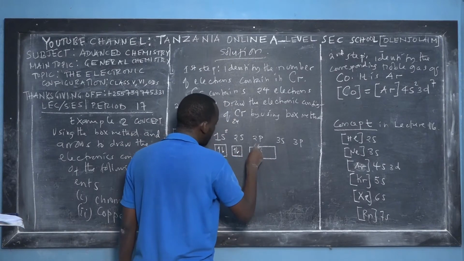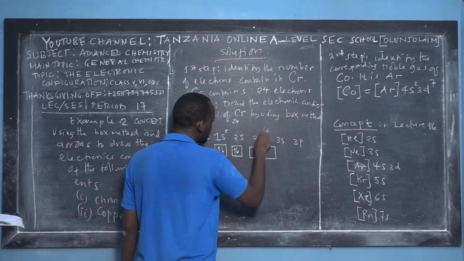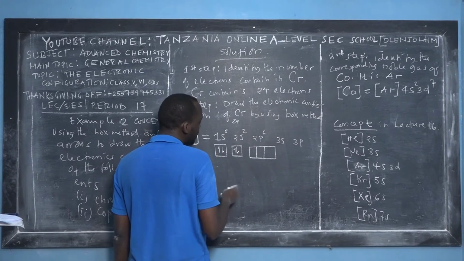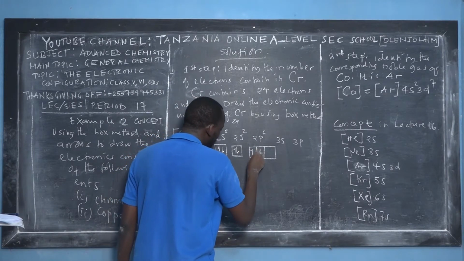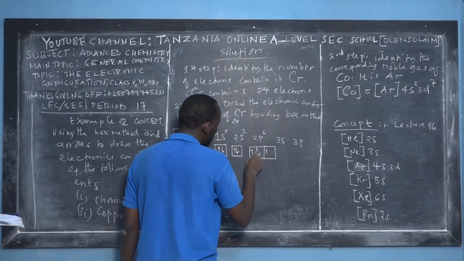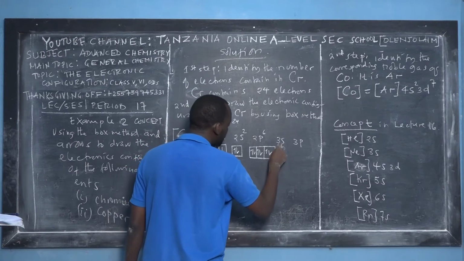Then this contains 6 electrons, and this contains 2 from the noble gas. So you have to fill each orbital first, then we pair. That's the principle of writing electron configuration.